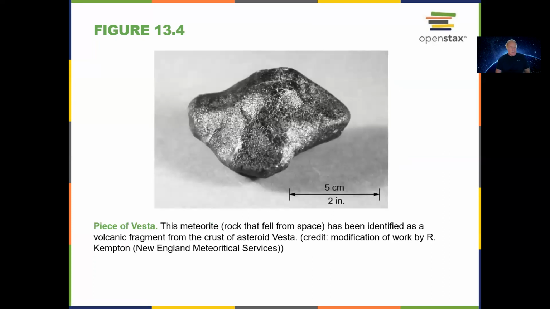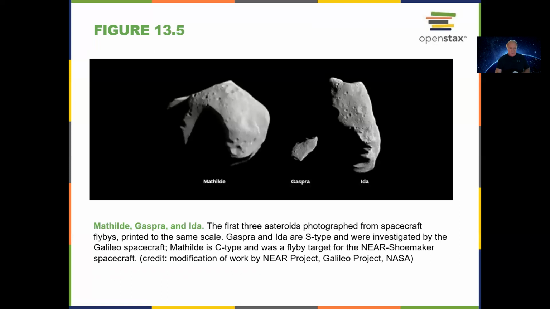So this is a piece of Vesta. This meteorite rock fell from space, and it's been identified as a volcanic fragment from the crust of the asteroid Vesta. Here we see three more asteroids, Mathilde and Gaspra and Ida, the first three asteroids photographed from spacecraft flyby and printed to the same scale.